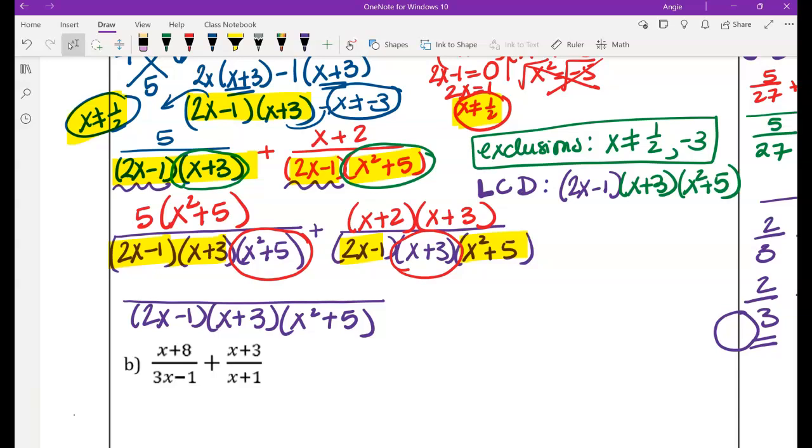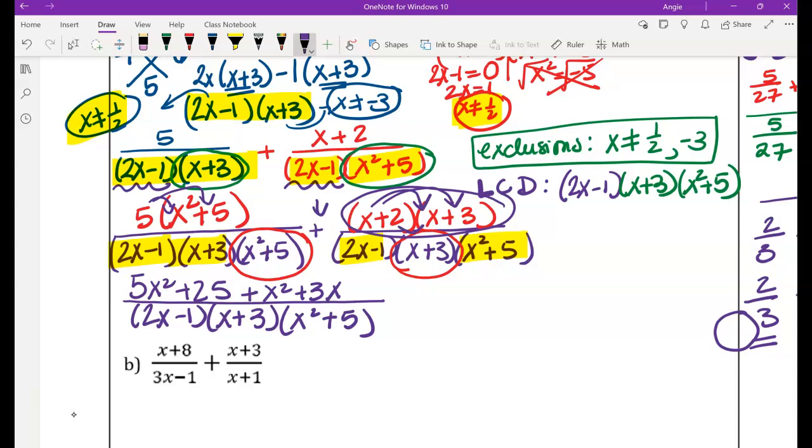So on the top, we're going to go 5x squared. 5 times 5 is 25. And then this one said add, so we are going to add, and we are going to FOIL this out. x times x is x squared. x times 3 is going to be 3x. 2 times x is going to be 2x. 2 times 3 is going to be 6.